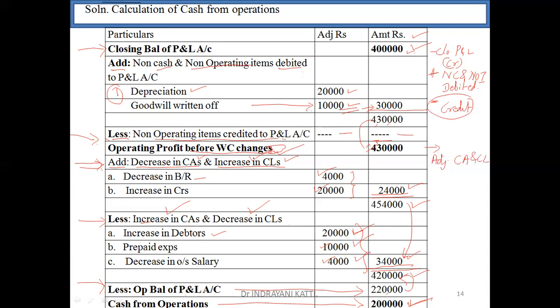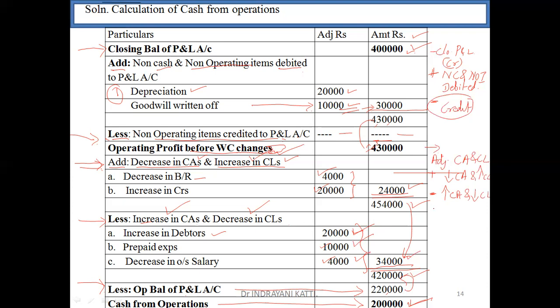Okay, the statement we write is add. What we have to add here is decrease in current assets and increase in current liabilities. Deduct increase in current assets and decrease in current liabilities. Then we finally derive the operating profit after doing the working capital changes, right?